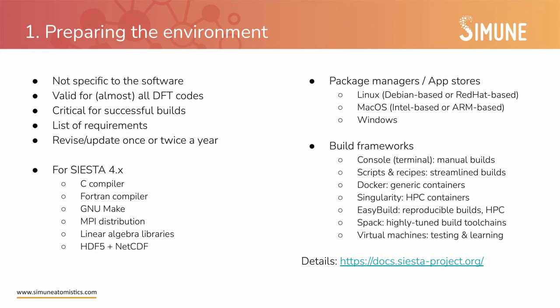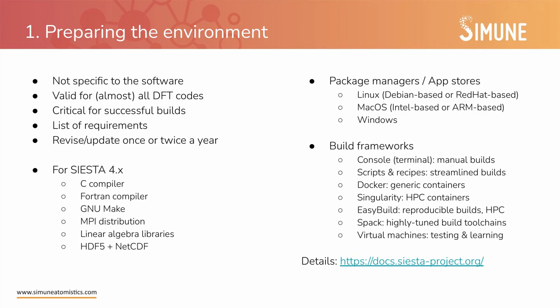This is really critical if you want to have a successful build, and it is mostly organized around a list of requirements that you need to have before you can build SIESTA in this case. Also, what is very important to know is that this is something that you have to do at most once or twice a year. So this is not something that you need to do before each build.